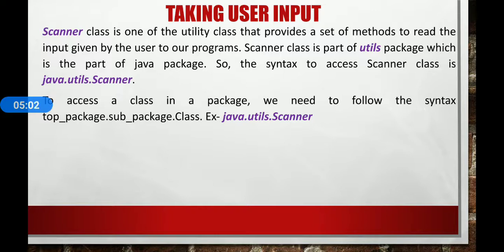The Scanner class is a part of the util package, which is part of the java package. So the syntax to access the Scanner class is java.util.Scanner. Here java is the top package, util is the sub package, and Scanner is the name of the class.